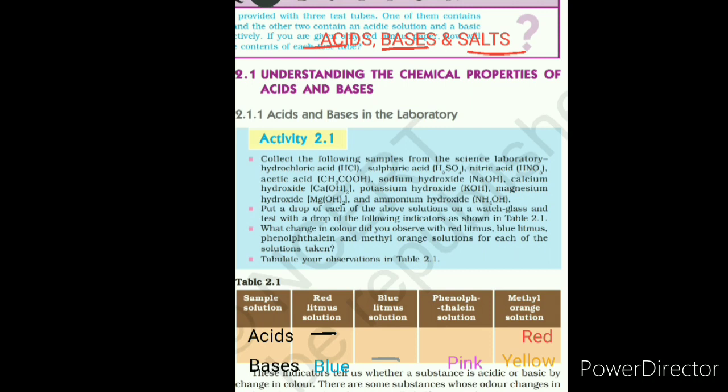If we test with a base, sodium hydroxide or calcium hydroxide or potassium hydroxide, then on testing the red litmus paper, the color of the red litmus paper turns blue. But when we check with sodium hydroxide or potassium hydroxide or magnesium hydroxide, the blue litmus paper does not change.